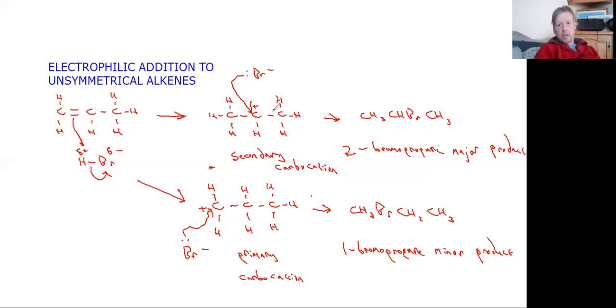But these 2 alkyl groups push electron density towards the carbon with the positive on it, making it less positive, making it more stable. This one has only got 1 alkyl group, happens to be an ethyl group. So that only has 1 alkyl group pushing electrons towards the positive to stabilize it.